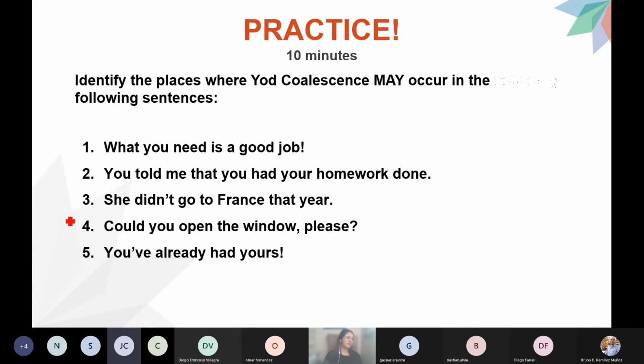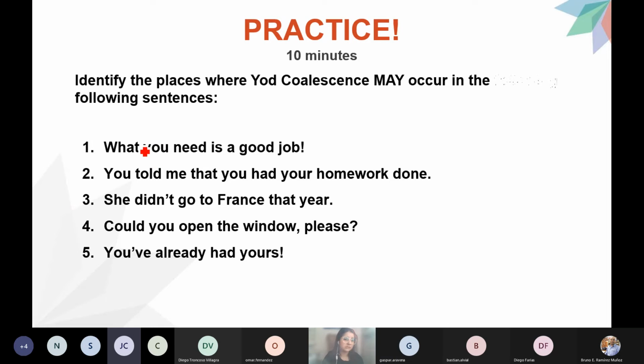Time's up. So now we're going to check the sentences. For number 1, Gaspar, can you tell me which places yod coalescence may occur? Could be need. Okay. Need?